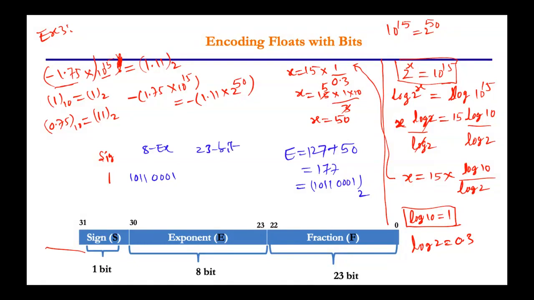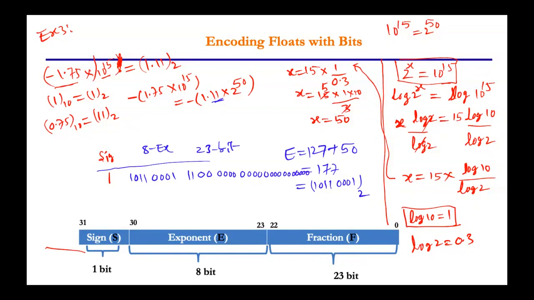And then this is your 8-bit exponent part, and then comes your 23-bit fractional part. So that 23-bit is your fractional part here, 110. So that is 11. So you have only 11. Remaining bits you can fill with 0. Okay. So 4, 5, 6, 7, 8, 9, 10, 11, 12, 13, 14, 15, 16, 17, 18, 19, 20, 21, 22, 23.